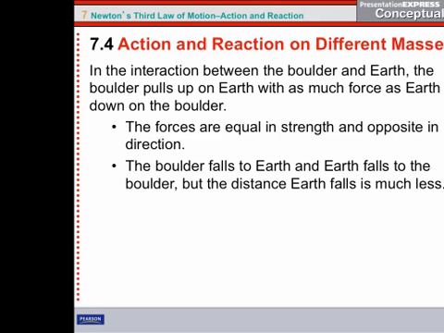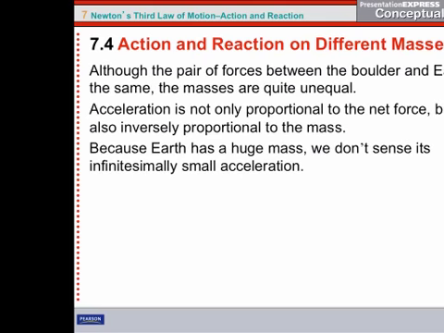And the earth, there's a force there, but the acceleration is going to be so much smaller because the earth's mass is so much larger. So we don't really even notice the earth's acceleration. It's, as they say here, infinitesimally small because the earth is so large compared to the boulder.